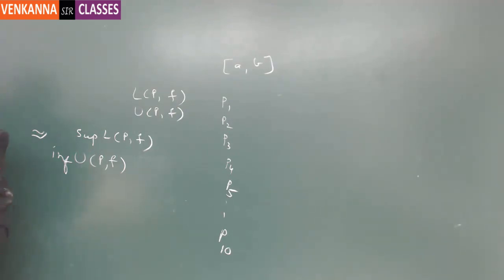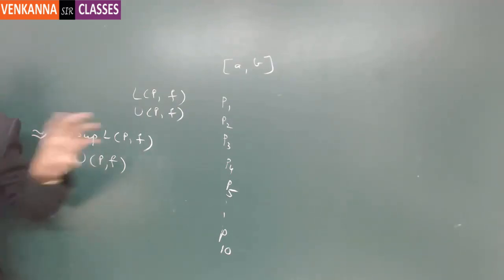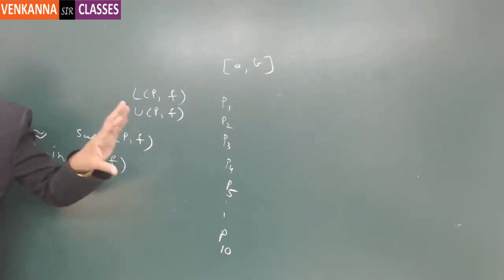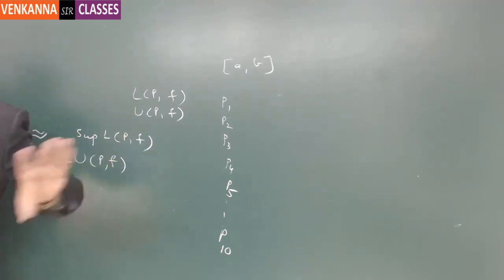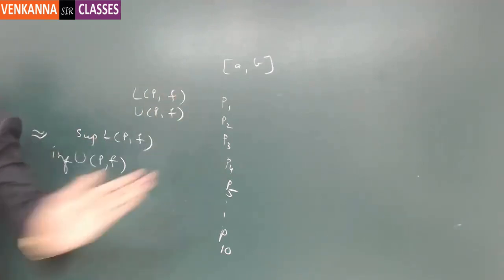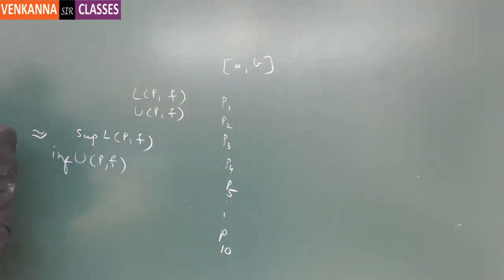That's why we are saying that, apart from limiting that only this much number of partitions are available on the interval, I am taking each and every point. So there will be only one big partition which gives the LPF as well as UPF for calculation purposes. If the two values are equal, then we say that the function is integrable.